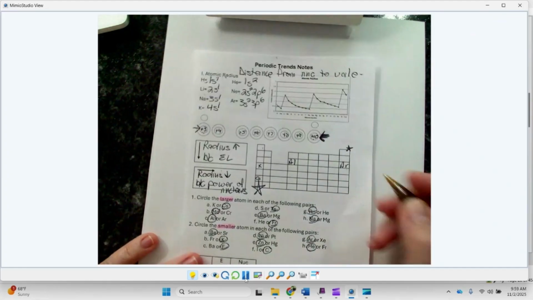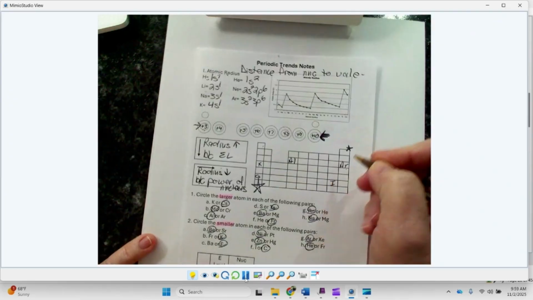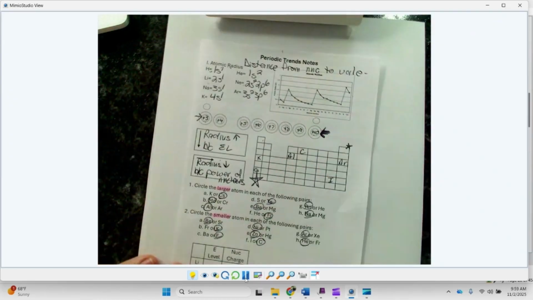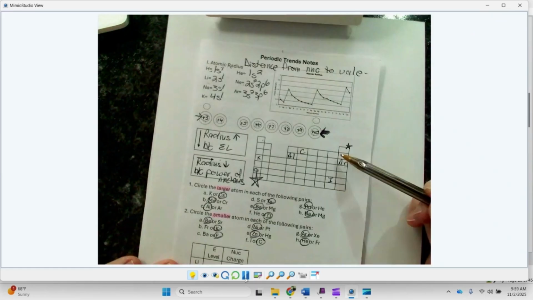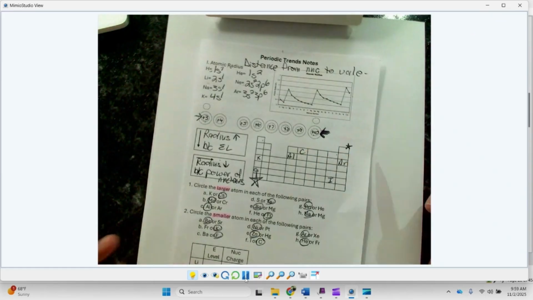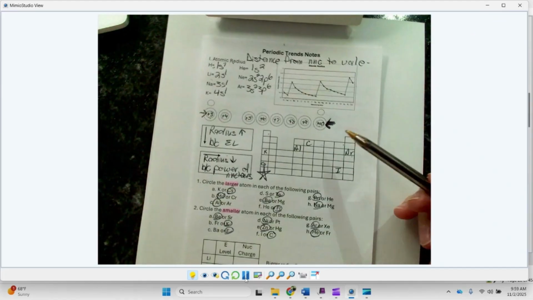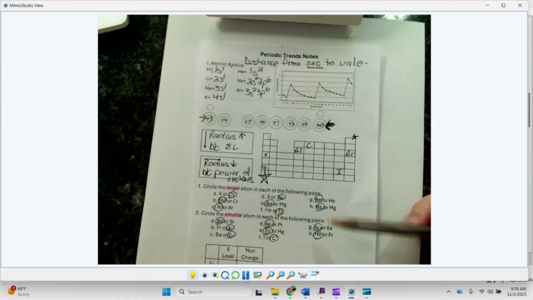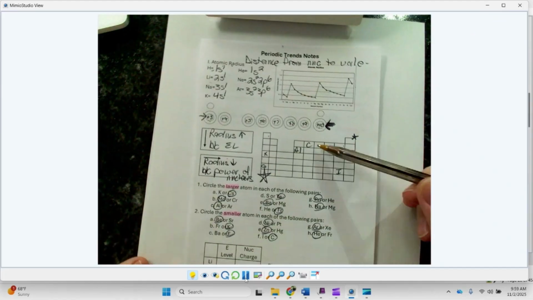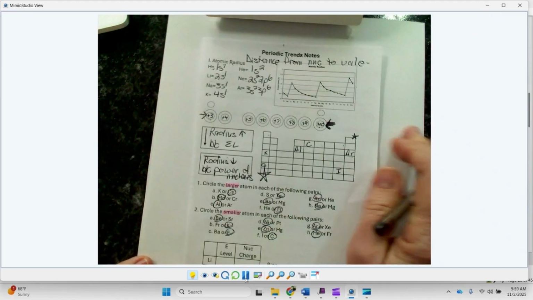Iodine is down here and carbon is over here. So there's not a clear cut, there's 4 or 5 away. Which one is more important? The thing that usually will overpower the other for trend questions is the number of energy levels. So 2 layers will definitely be smaller than something with 6 layers. So the 2-layer carbon wins.